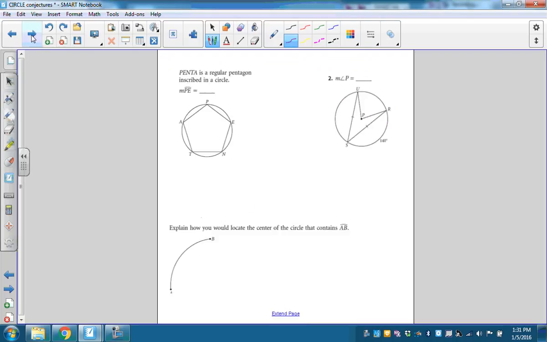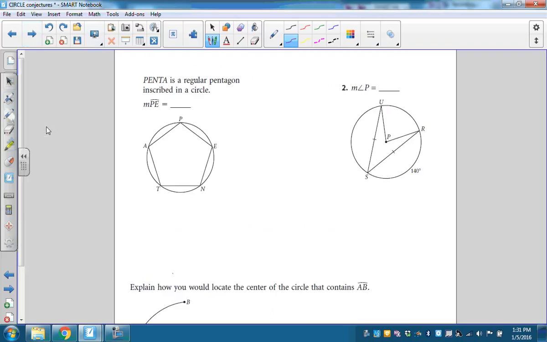All right, so those are the summary statements of the investigations. Here's a couple quick practice problems. Let's take a look at these. Penta is a regular pentagon, so that tells us all equal sides, also all equal angles. It's inscribed in a circle, that tells us all the vertices are on the circle. That's what the term inscribed means.